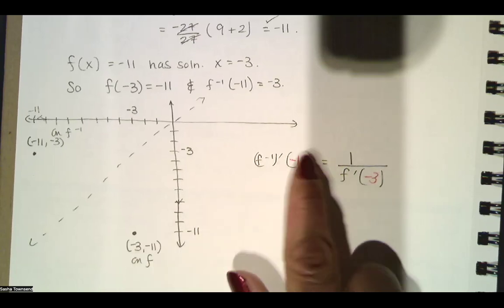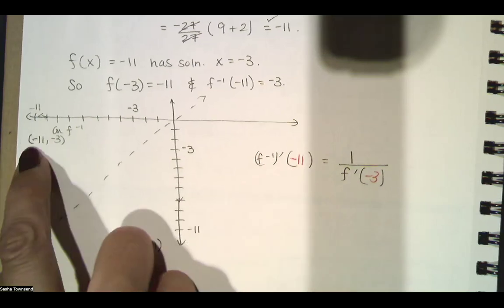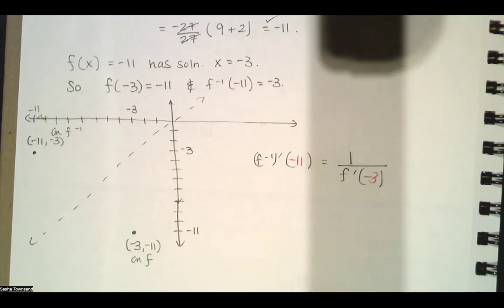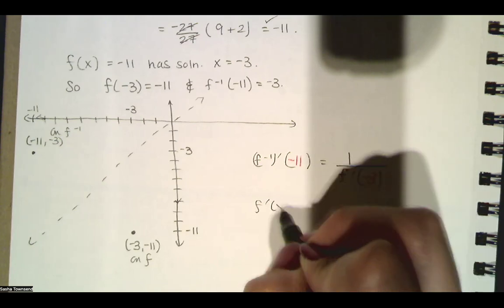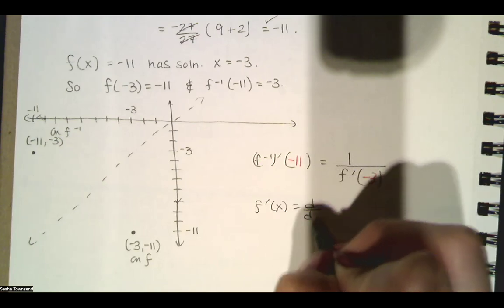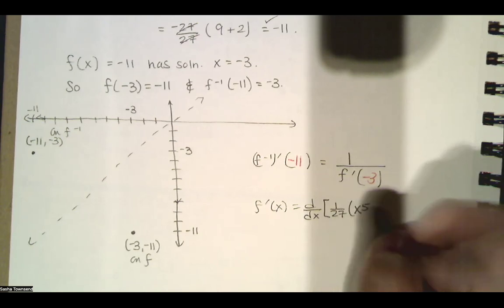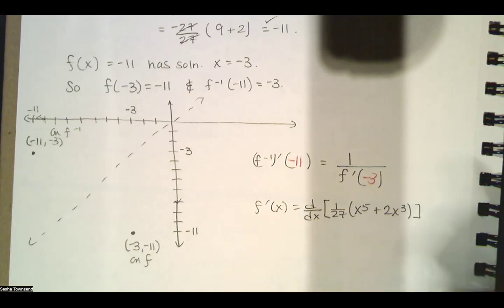And the x value that goes with this y value is -3. Or we can say, what was f inverse of -11? It was -3. Either way. Say, okay, well, what is f prime of x? Well, it's the derivative with respect to x of 1 divided by 27 times x to the 5th plus 2x cubed.